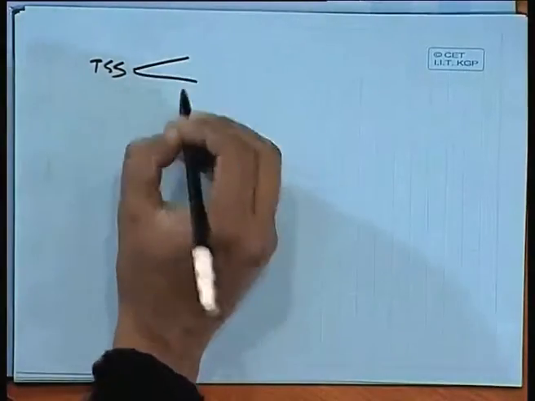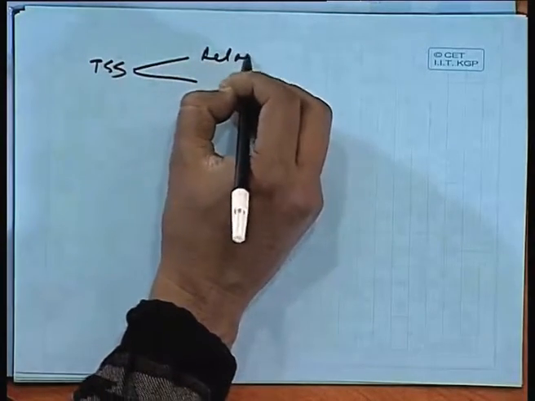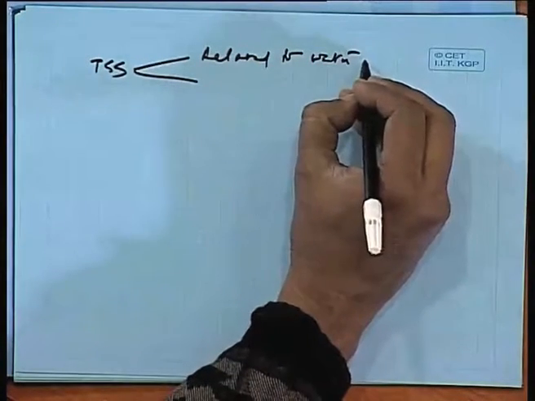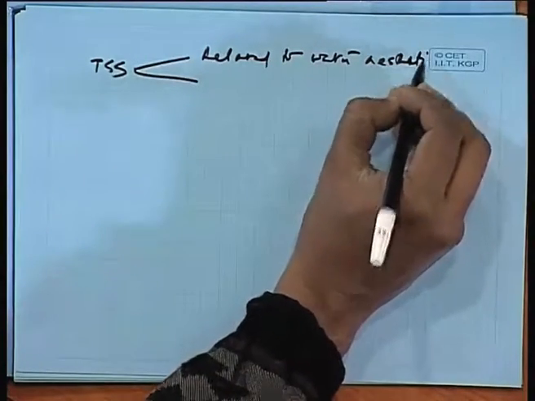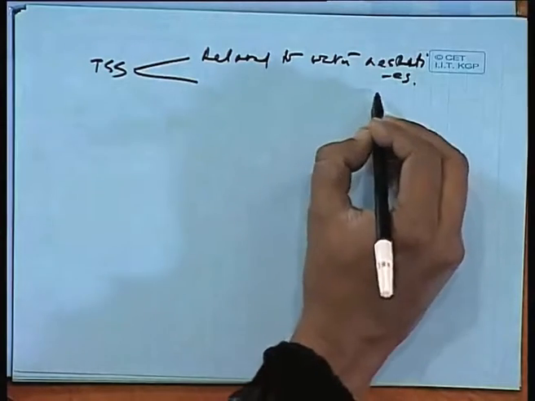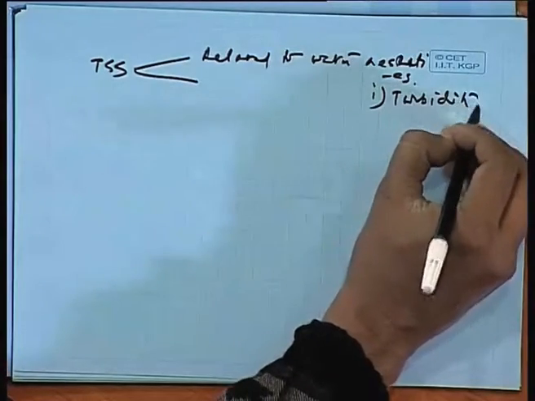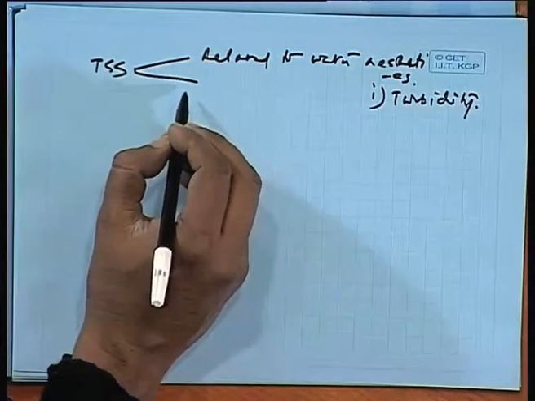As we have discussed earlier in the classes, TSS is related to water aesthetics, like the typical term that we know, turbidity, where water cannot be used.